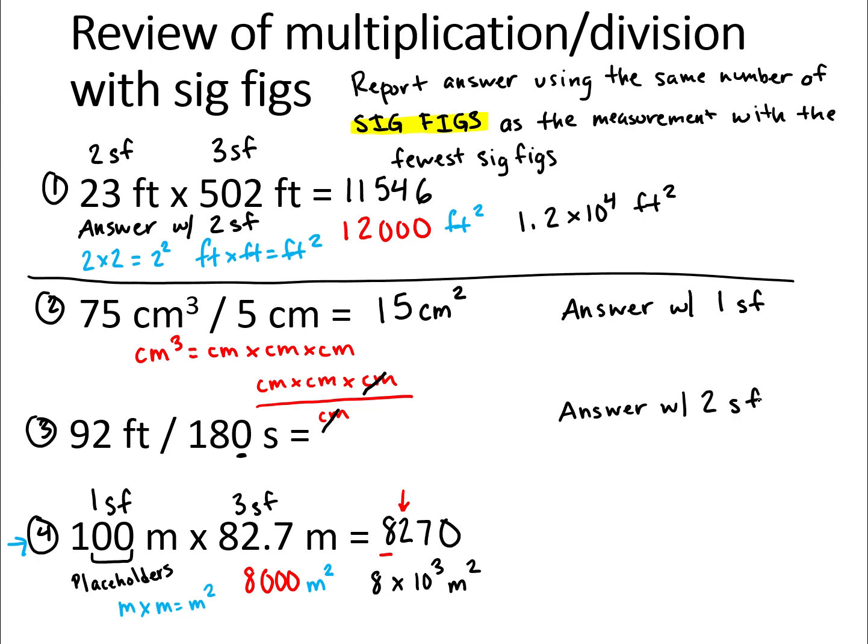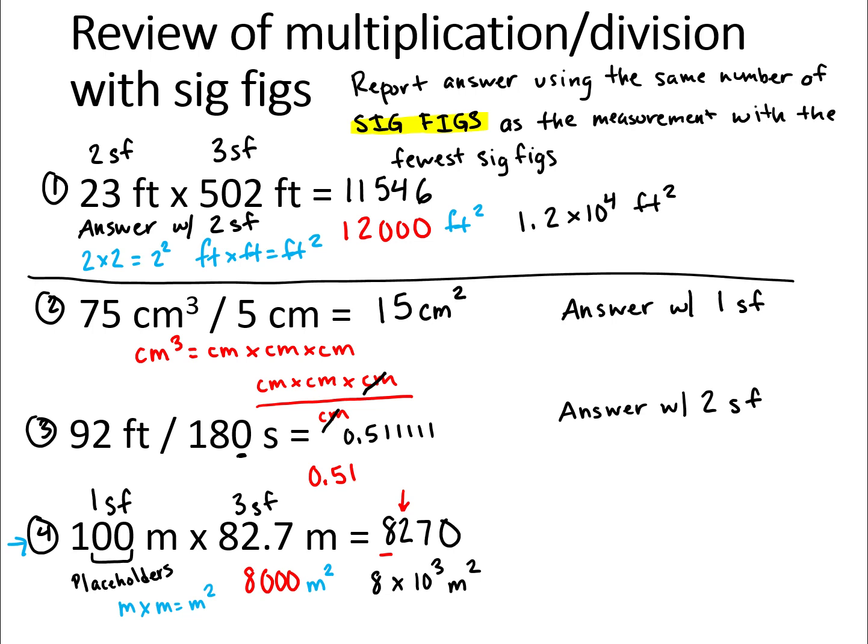We do the math and we get 0.511111 repeating. Well, that's pretty easy to round. That's 0.51, that's 2 sig figs.